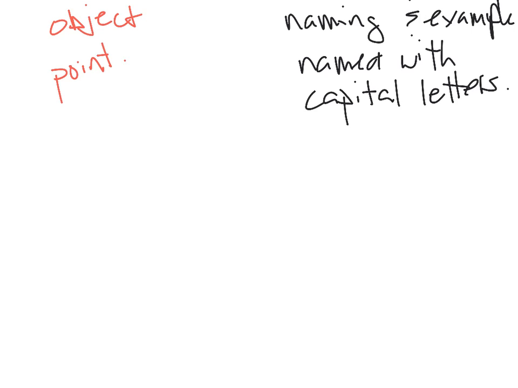So for example, here there's a dot. That's point A. Here we have point B. Here we have point C. So it's named with capital letters and drawn as a dot on a diagram.